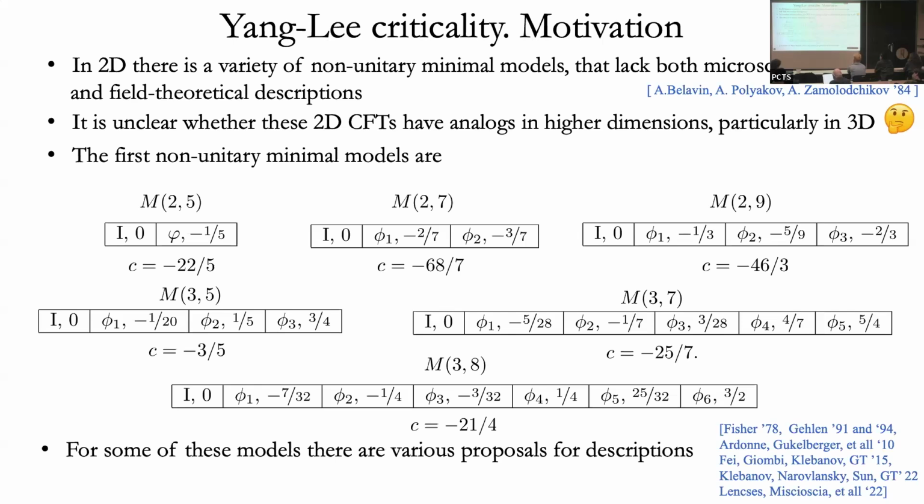And for some of these models, there are various proposals for their Ginzburg-Landau description or microscopic description, but so far it's a bit vague. On the microscopic side, I think there's a proposal for M25, which I'm going to talk about.